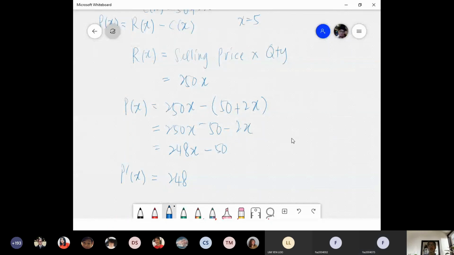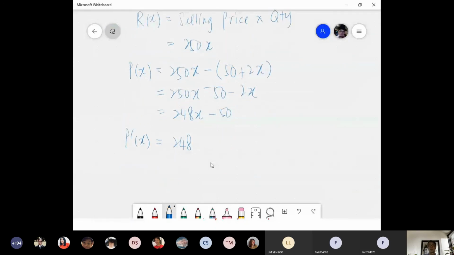Okay, I see. Now you can see here, x is 5. Do you see any x here? No. So it means that the marginal profit, the profit increase when we sell the next unit, isn't affected by the quantity.